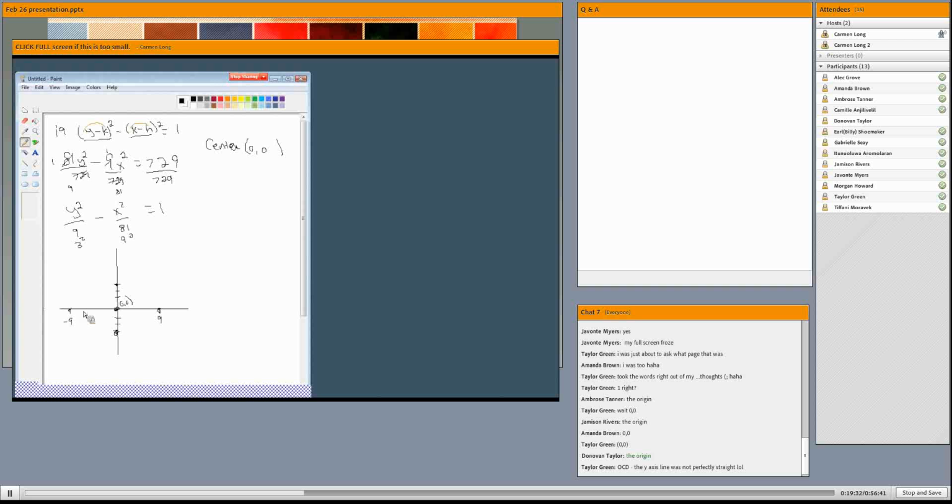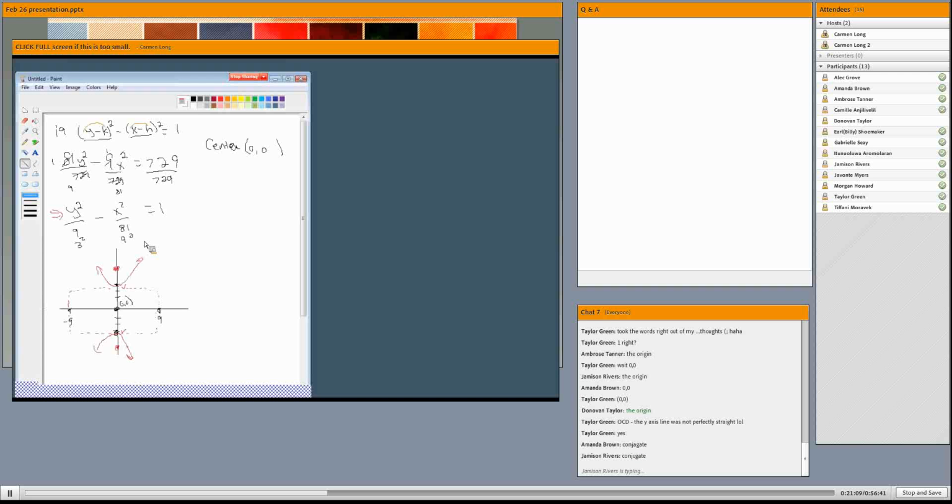Because if this was an ellipse, we'd connect the dots, but it's not. So what we're going to do is we're going to take the vertices and the endpoints of that conjugate axis. Those are the asymptotes.